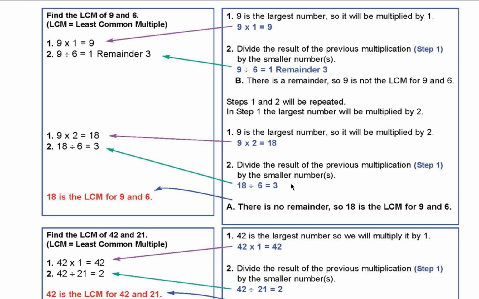Therefore, since there was no remainder, 18 is the least common multiple for 9 and 6. When there is no remainder, the result of the previous multiplication is the least common multiple.